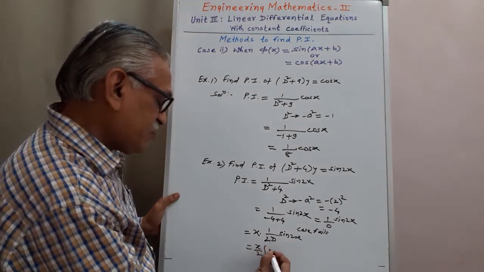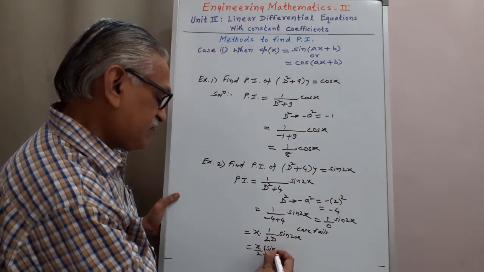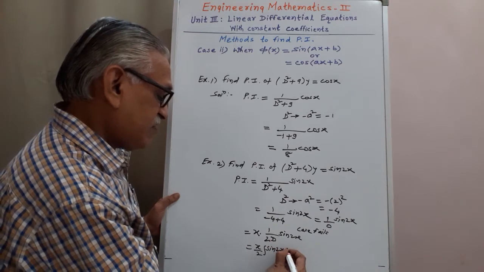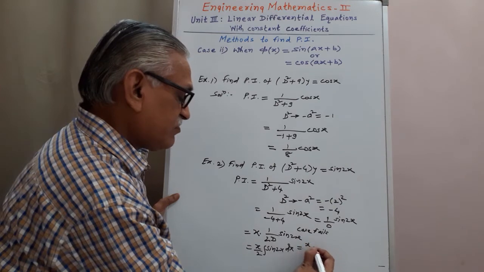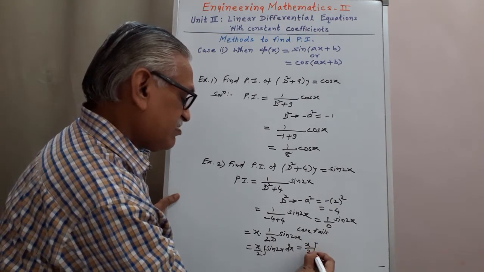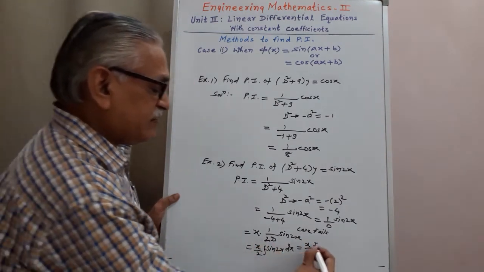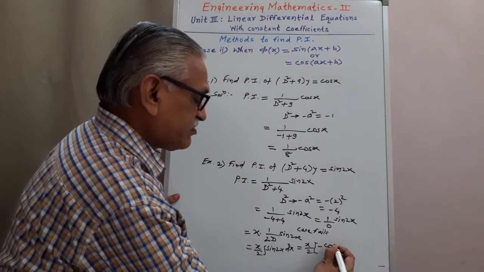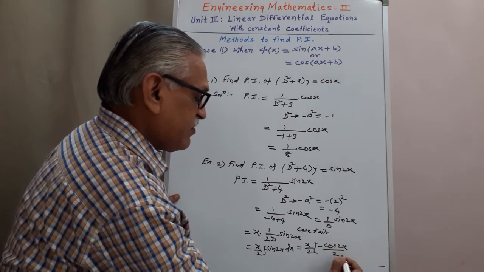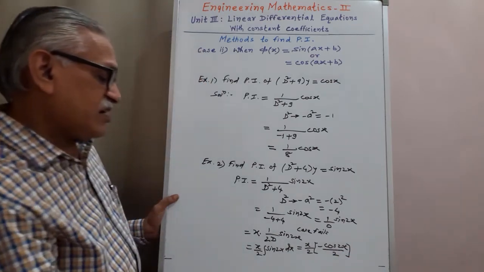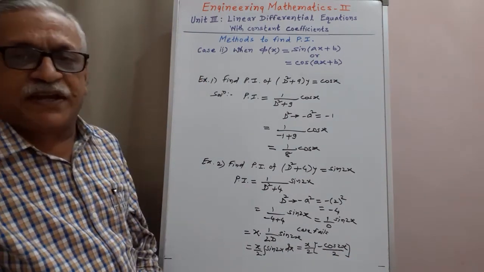Therefore, it is the integration of sin 2x with respect to x, and therefore it is x by 2. The integration of sin is minus cos of 2x divided by 2, and that is the required PI.